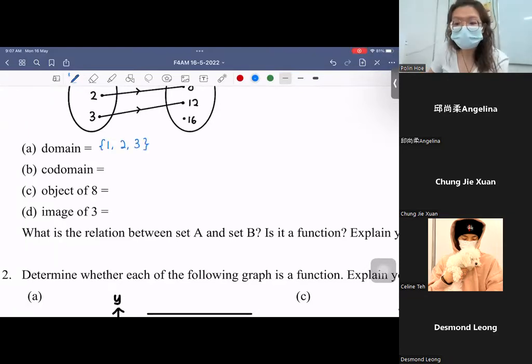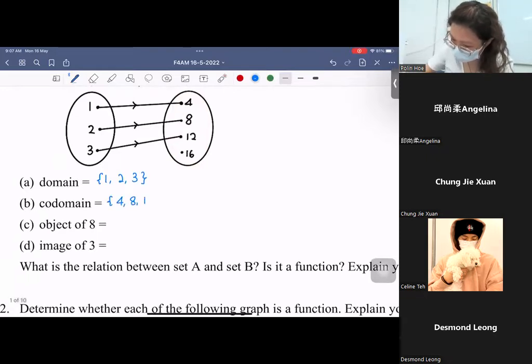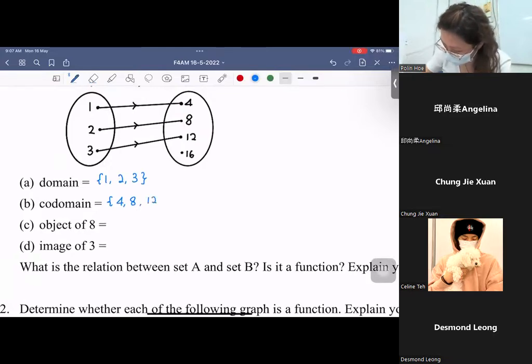What about codomain? Codomain will be everything here, right? So this will be known as codomain: {4, 8, 12, 16}. In other words, the set of all these elements, 1, 2, and 3, we call it object.